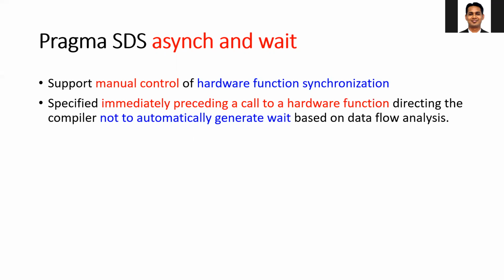These pragmas are specified immediately preceding a call to a hardware function. Similar to the SDS resource pragmas, the async and wait pragmas are placed where you call the hardware function, mostly in the main.cpp file. They direct the compiler not to automatically generate the wait statement based upon the data flow analysis.